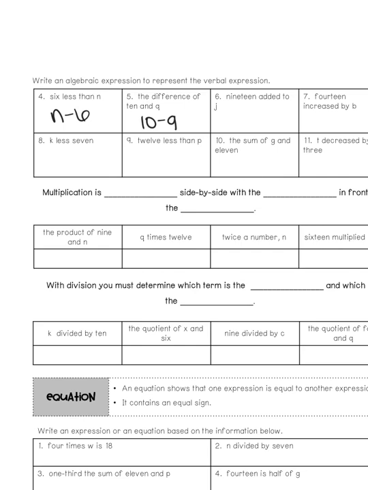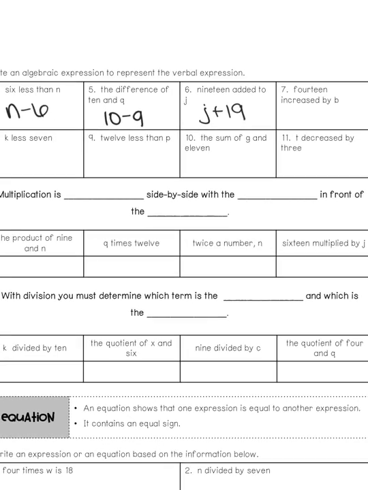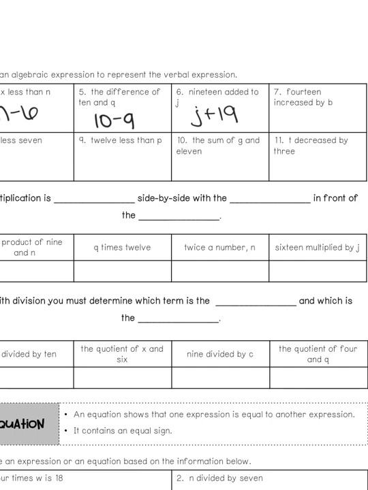Okay, so all of these are addition and subtraction, obviously. 19 added to j, so j plus 19. 14 increased by b, so the order there is different. 14 is what's being added to, so it's 14 plus b.